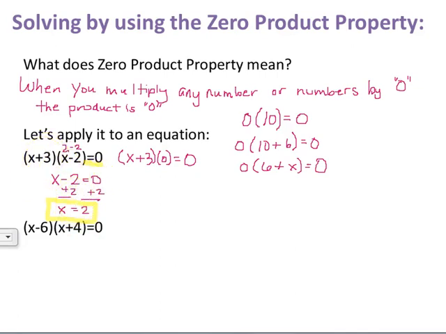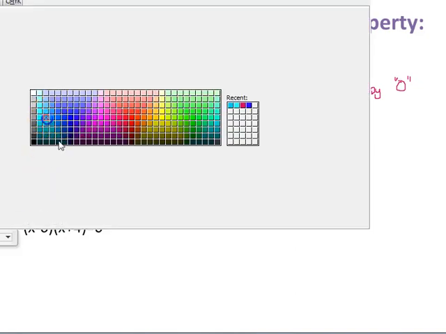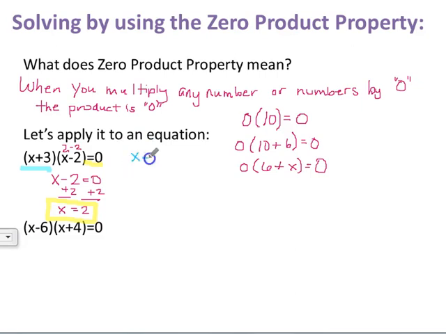Now we can do that with the other set of parentheses right here, x plus 3. So let's do the same thing there. Let's say, well, if x plus 3 equals 0, then that whole entire equation would be equal to 0. So solve for x, subtract 3 from both sides, and I get x equals negative 3.